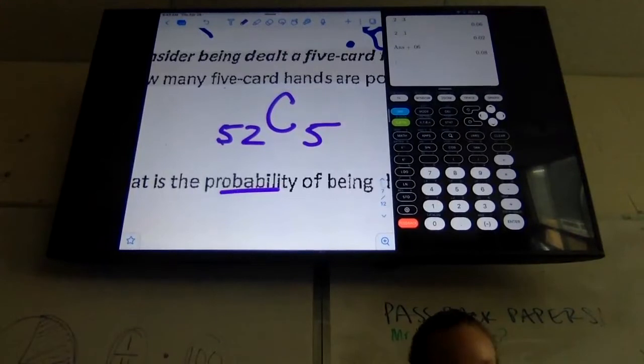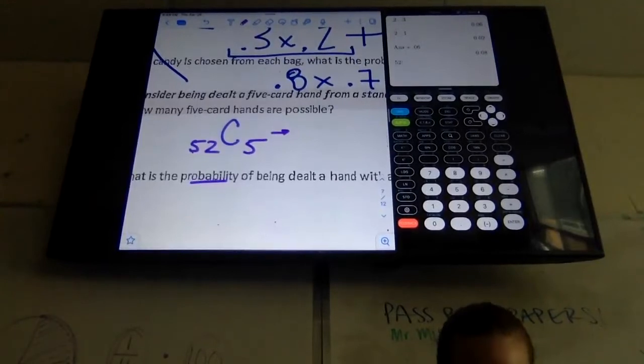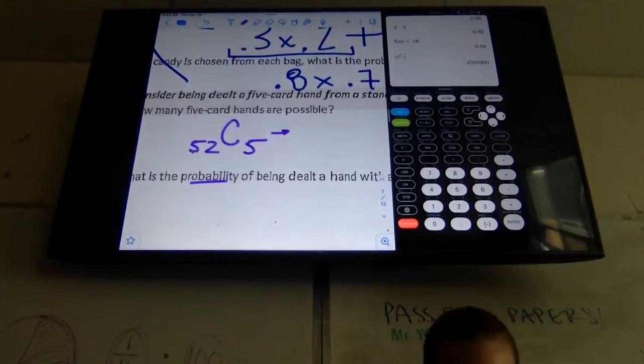So I'm going to say 52 C 5 are all the possible hands that you could make with 5 cards in your hand. Let's actually do that in the calculator, see how big or small a number that is. Math, nCr, 52 C 5. Ooh, that's a big number.